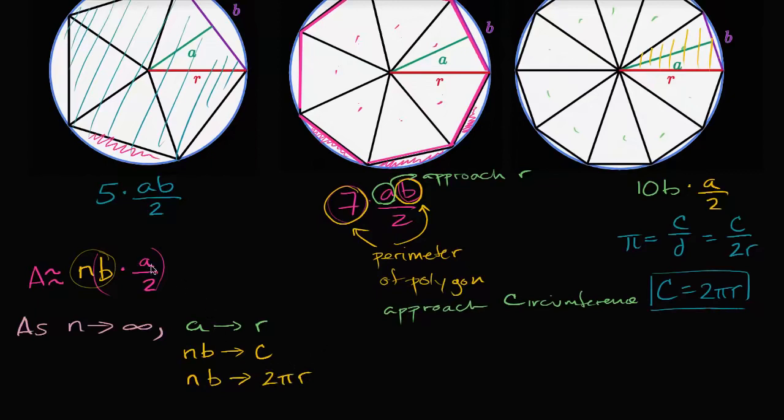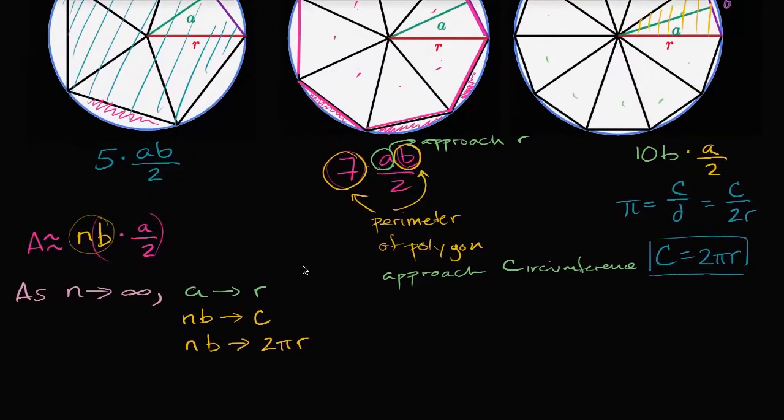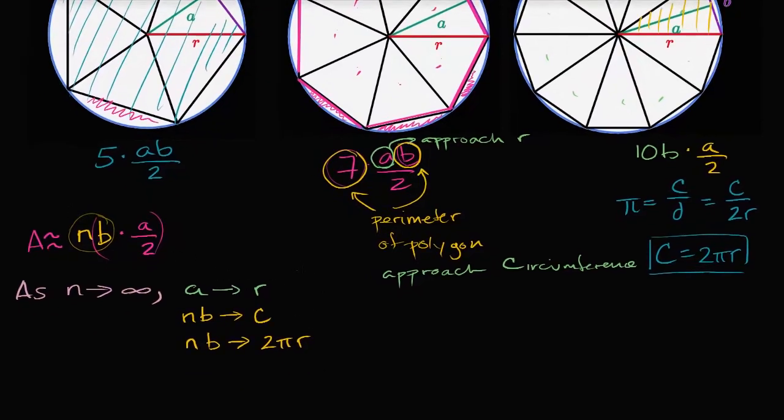So if a is approaching the radius, and n b is approaching 2 pi r, well then what is the area of our polygon, or what is the area of our circle going to be?